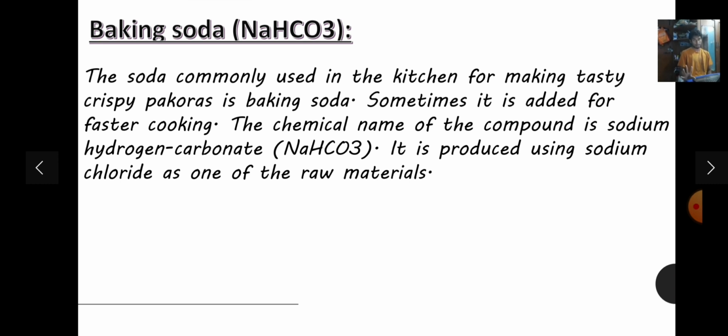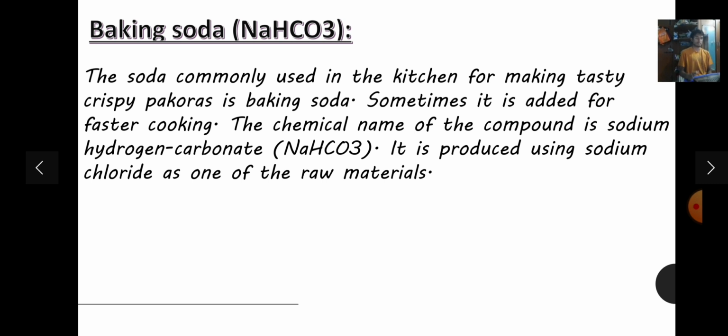It makes the pakoras fluffy, and they are cooked faster if we add baking soda to it. Otherwise it takes somewhat longer to get prepared. Sometimes it is added for faster cooking, as I said. The chemical name of the compound is sodium hydrogen carbonate.